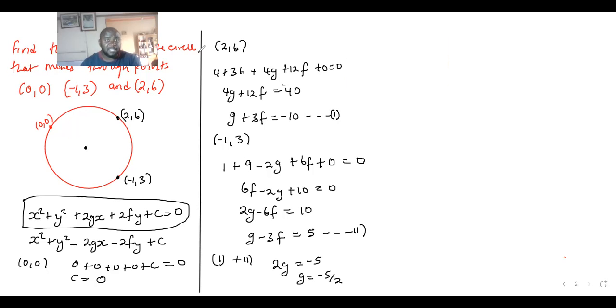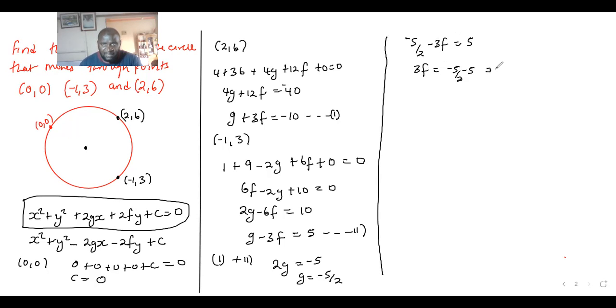Remember, I told you if it is a positive here, the g's are negative. Definitely they are negatives. Then for f, I can substitute negative 5 over 2 in g minus 3f is equal to 5. This will give us 3f is equal to negative 5 over 2 minus 5, giving us negative 15 over 2.